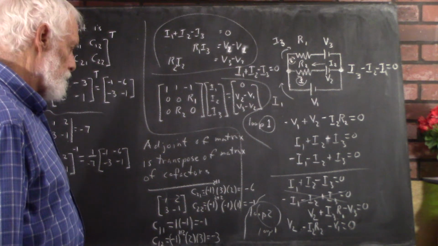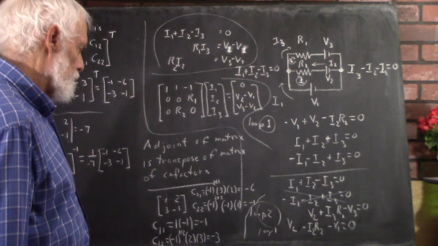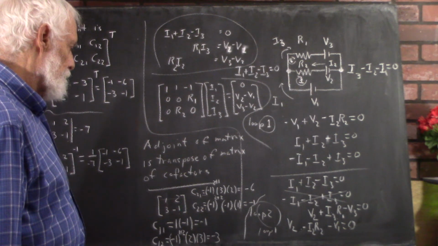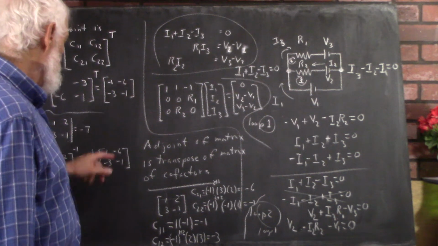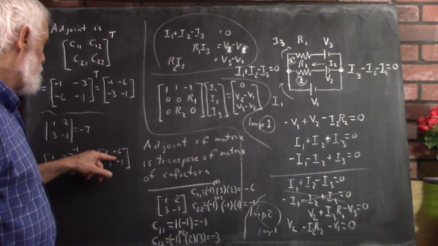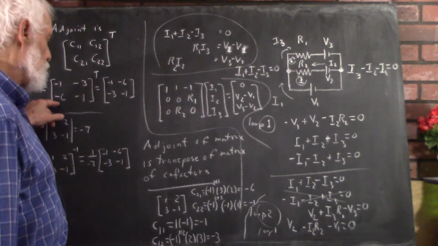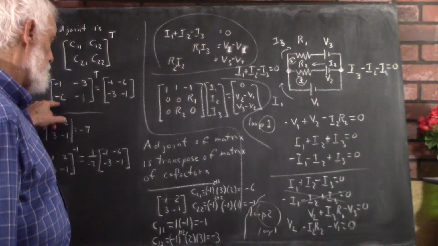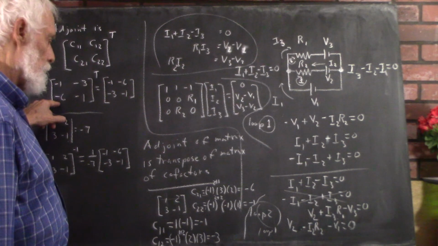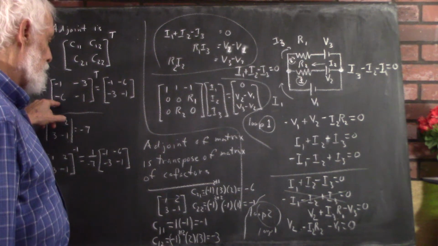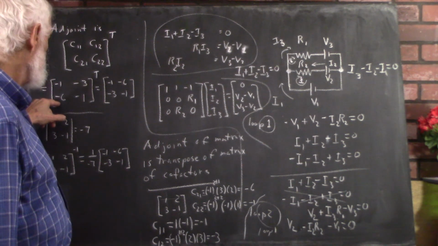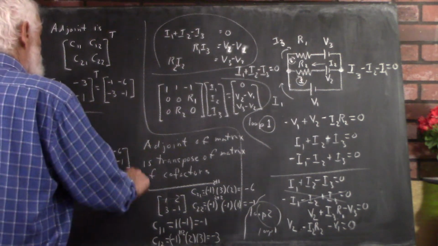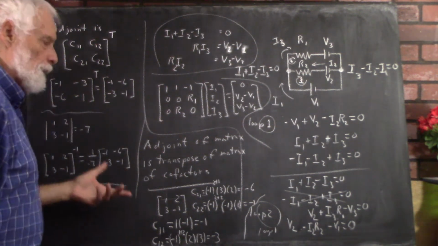But I think the problem is the 6, which is your C21. Aha. No, never mind. No, that's right. Okay, I'm not going to worry about the calculation, but that's a little bit about the adjoint.